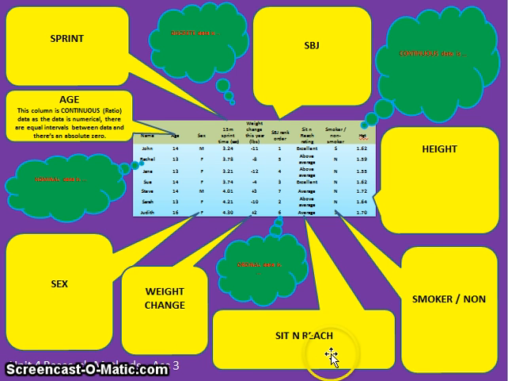Sit and reach. This is nominal data because participants are put into different categories. It doesn't tell the actual results. It's less informative because it doesn't give the actual results. It just says average, below average sort of thing. Weight change. This is interval data, which is a type of continuous data.